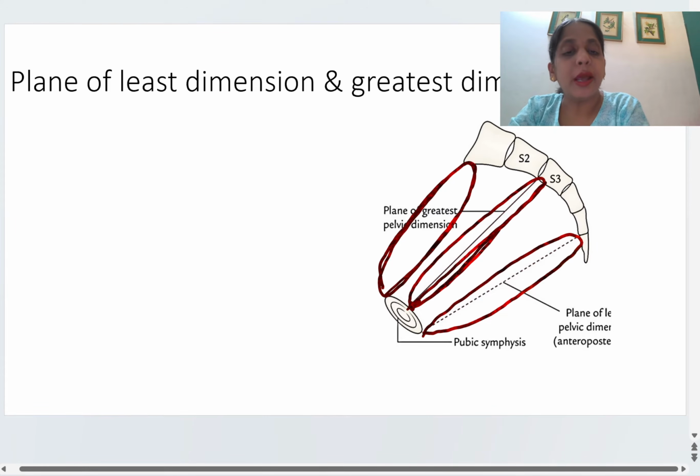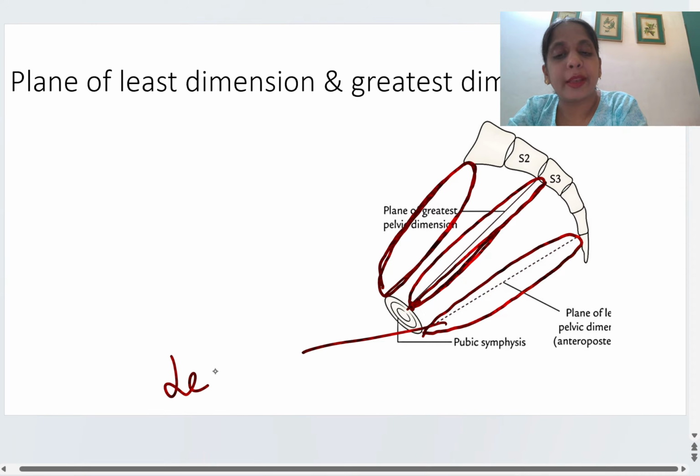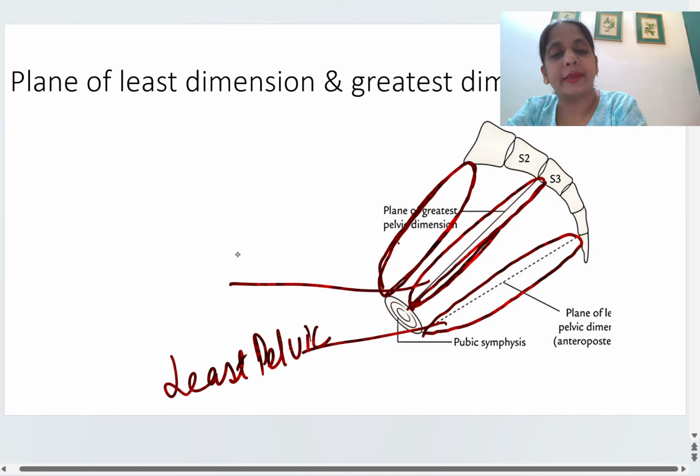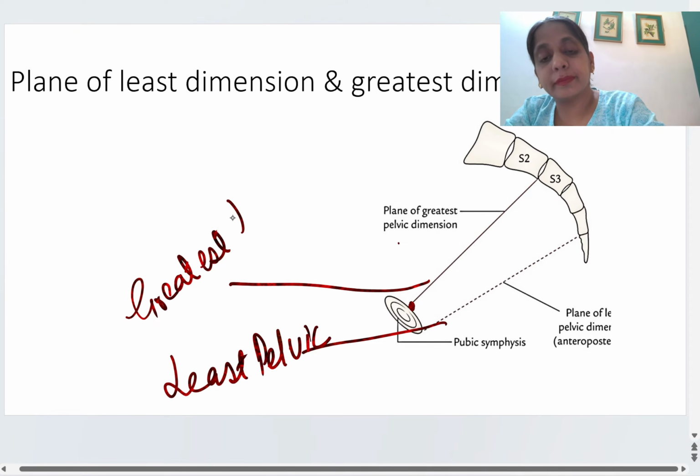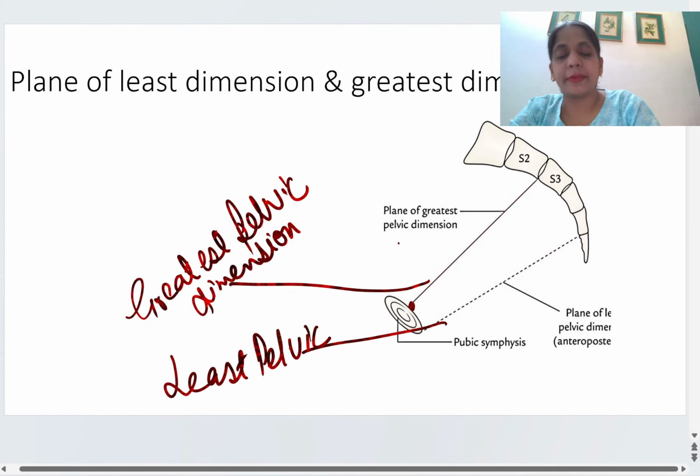So this is the plane of least pelvic dimension, and this is the plane of greatest pelvic dimension. Okay, got it?